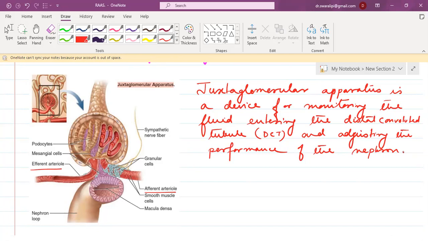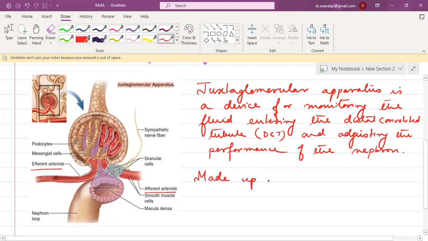So what is it made up of? As I've told you, it is made up of three things.